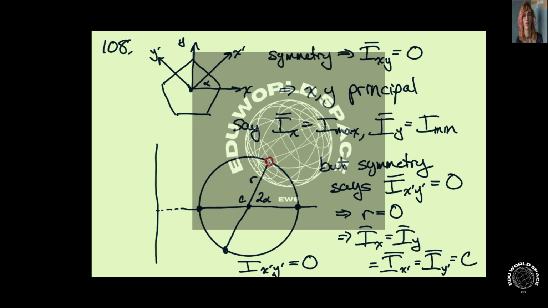But that would say that I, x, y prime has to be non-zero. But we know that it's 0. And so the only way that that can be reconciled is if r is 0. So that means that I, x bar and I, y bar have to be equal.